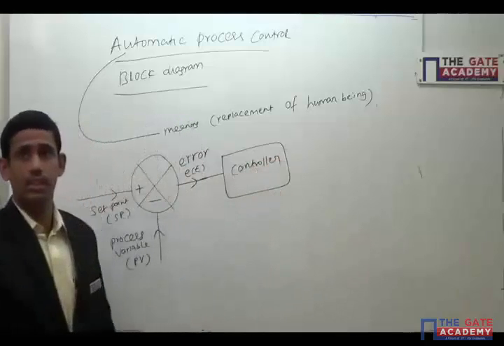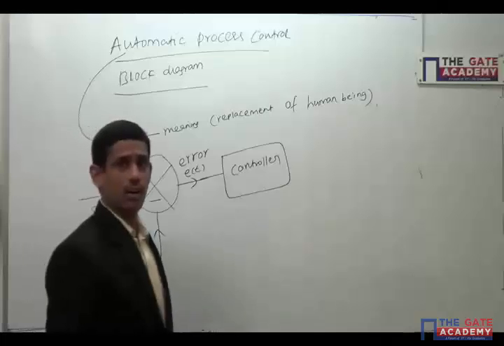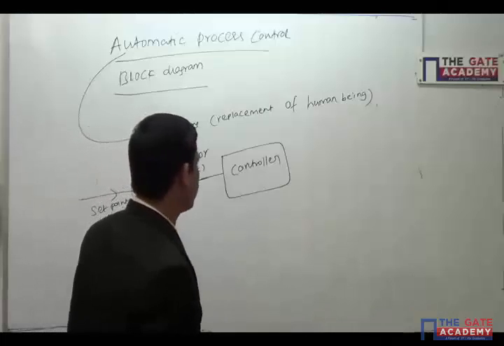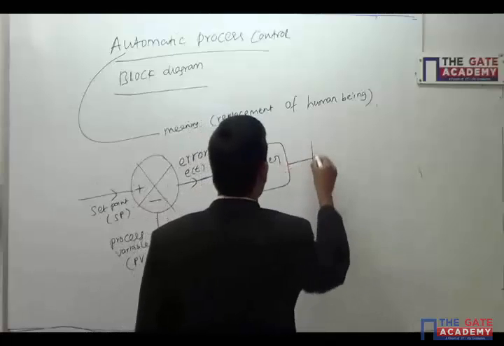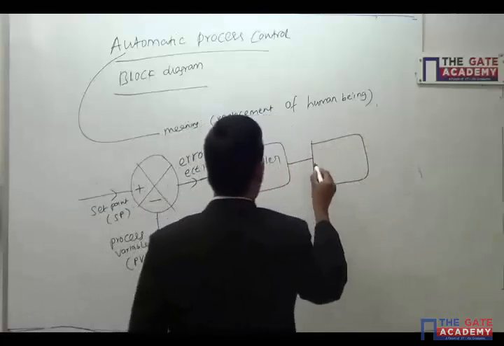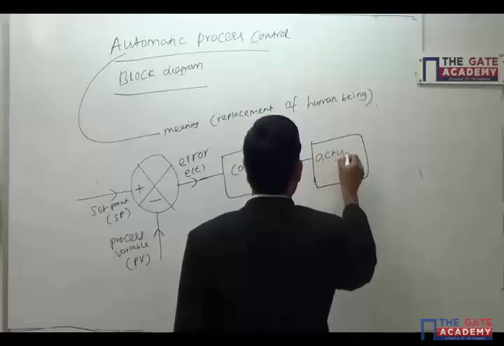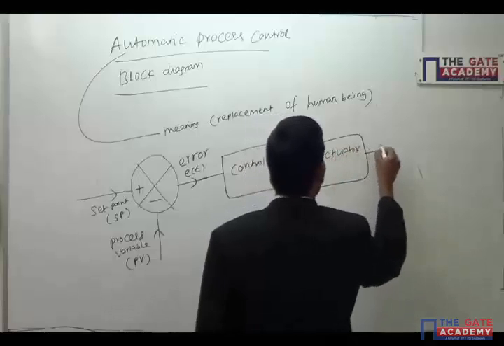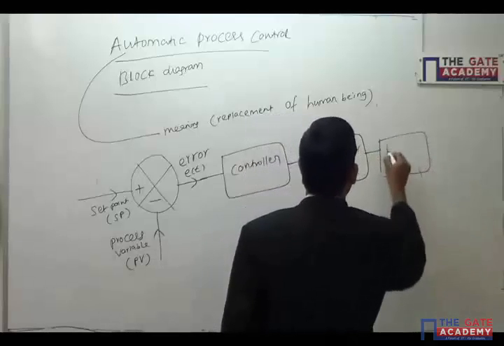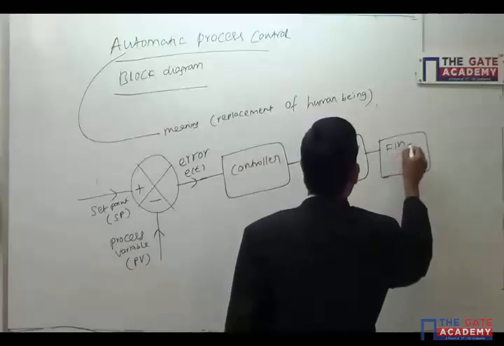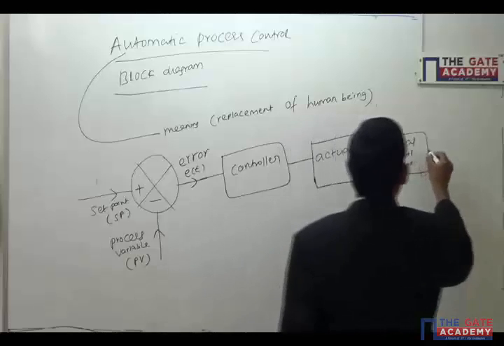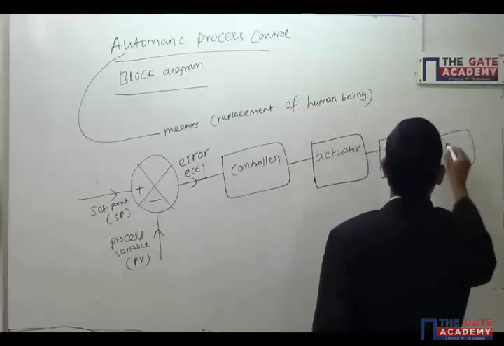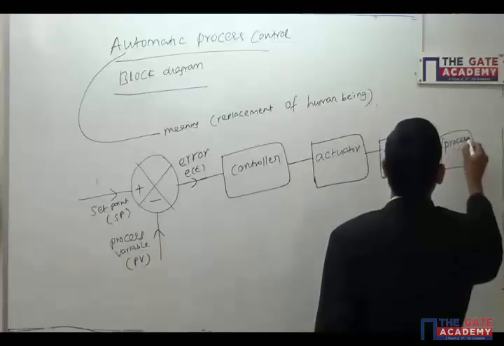So what did we discuss about the controller? Just like on off controller, P controller, PI controller, PD controller. This will be a controller. Controller output will go to the actuator. Actuator output will go to the final control element. Final control element output will go to the process or plant.